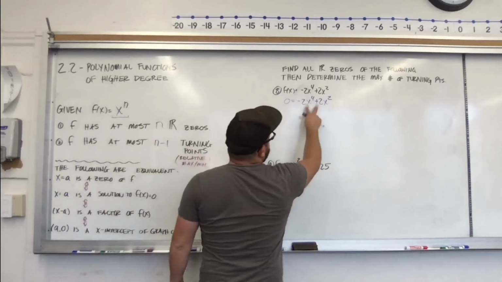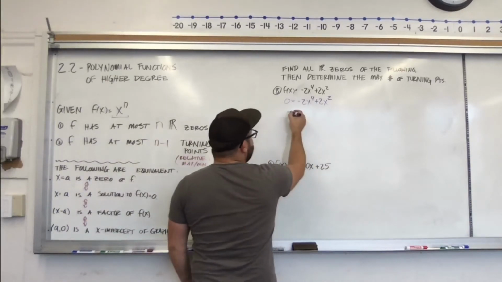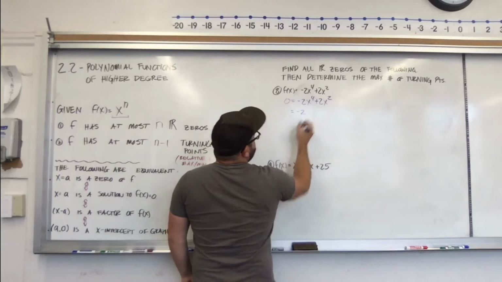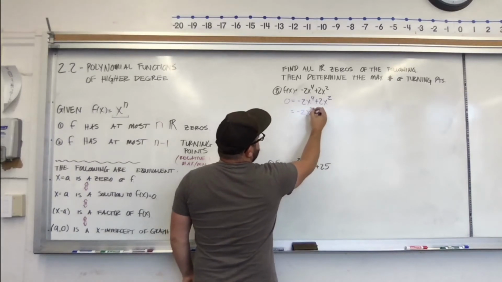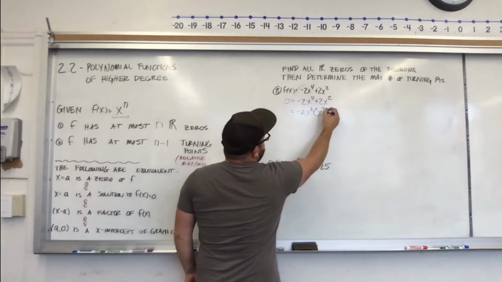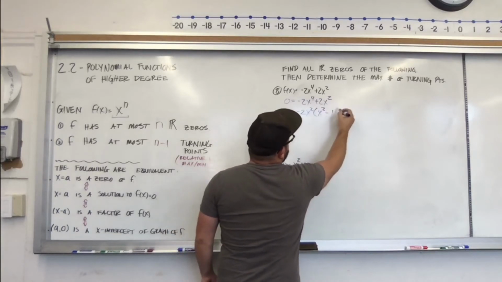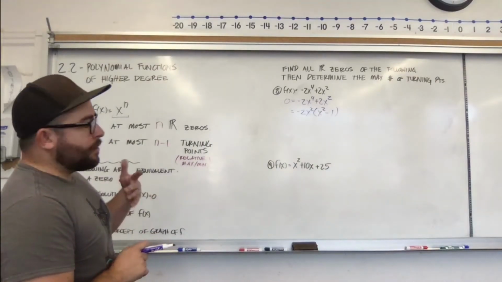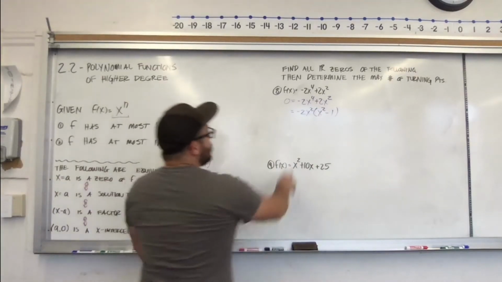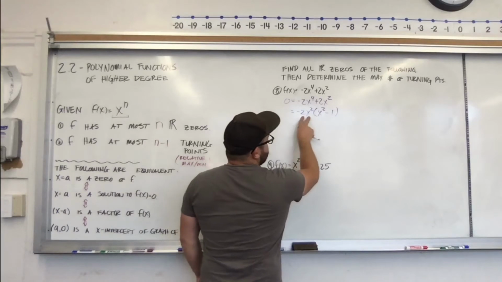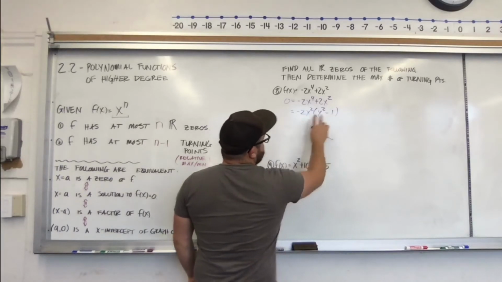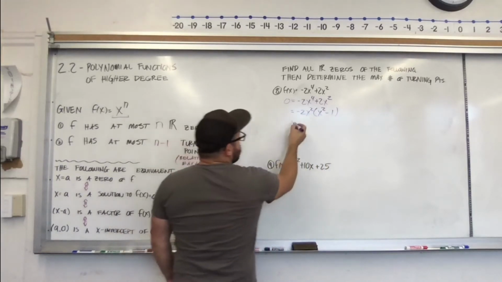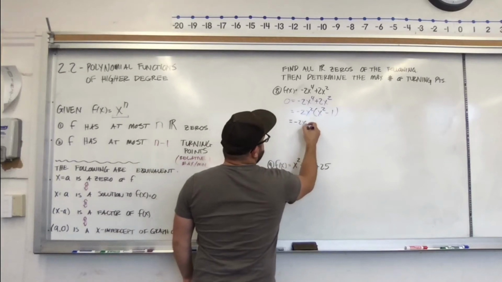I'm going to factor out a -2. So we're going to have -2 and also an x squared, leaving x squared and then inside -1. Now from there, see if we recognize it. Some of us can't do anything else here, but this is ultimately a difference of squares, so we can do a tiny bit more than that.